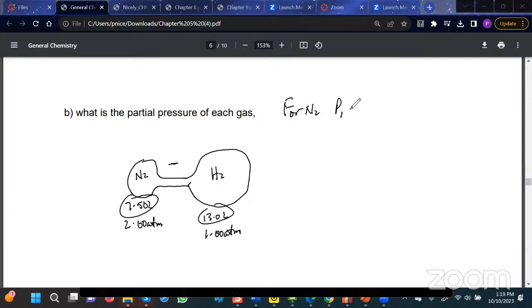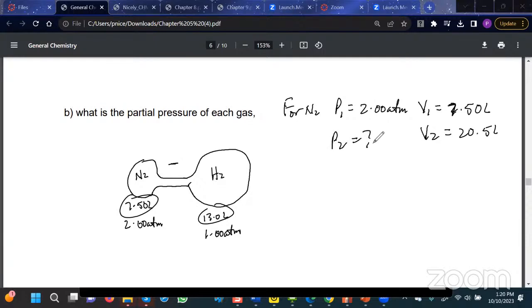The initial pressure is P1, which is 2.00 atmospheres, and the initial volume is V1, which is 7.50 liters. Right? Now, when you open up the separation here and they mix, the final volume is going to be equal to, as we said before, 20.5 liters. What the question is asking for nitrogen is P2.